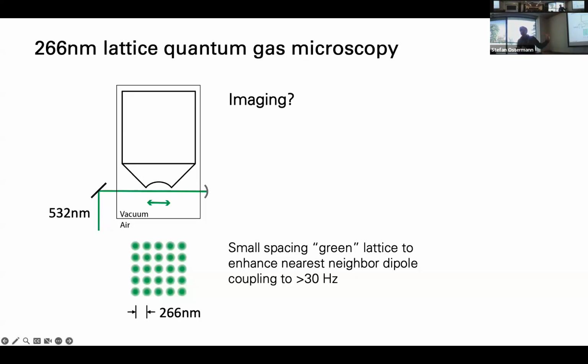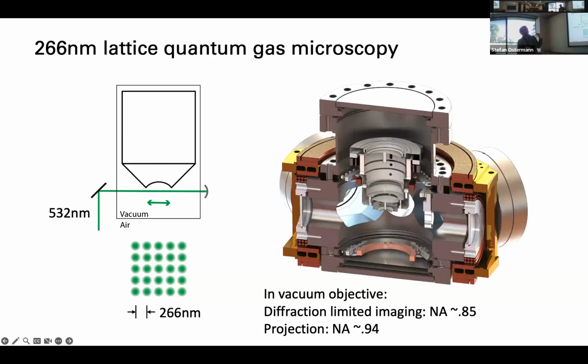So the idea is you have this very small lattice spacing, and then to image the atoms, we have a high-resolution microscope with a numerical aperture of about 0.94 or so. For projecting, for diffraction-limited imaging, it's closer to 0.85. That's completely inside the microscope.